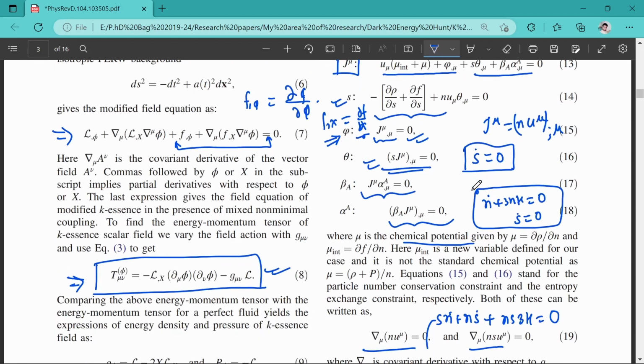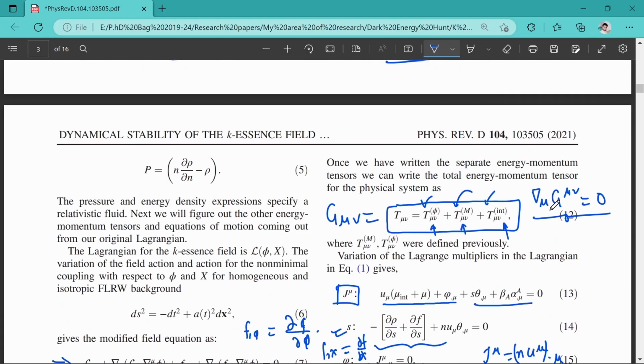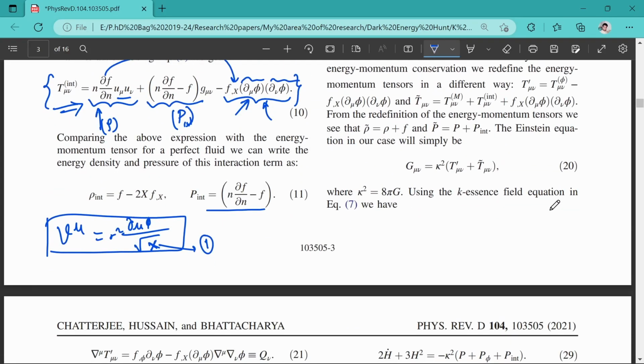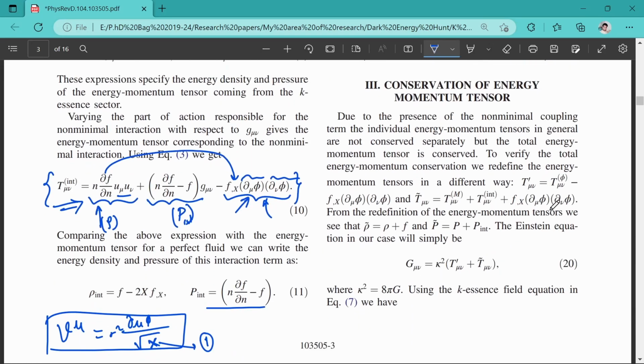So now for this case we have to see what kind of equation it will give if we take the covariant derivative of the energy momentum tensor, and whether the energy momentum tensor is conserved or not. Okay, so for that purpose we have redefined our T mu phi with the minus of this one, because in equation number 10 we are getting another term which is f comma x d mu phi.